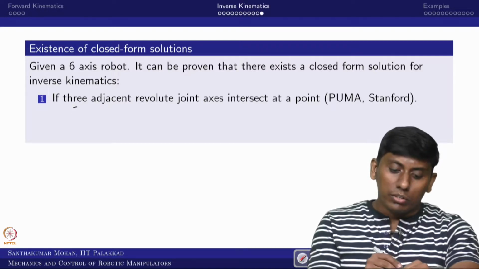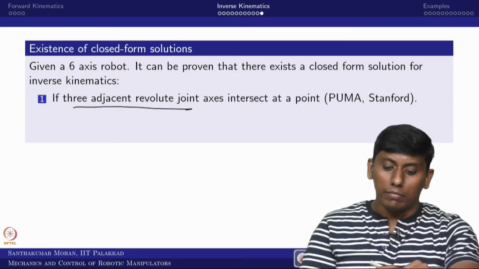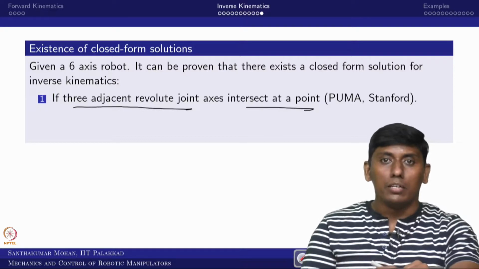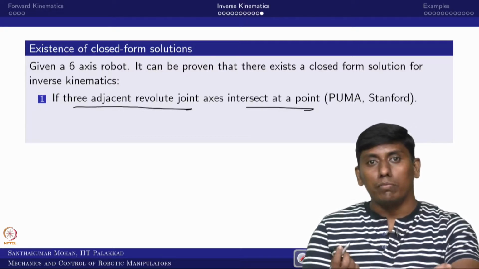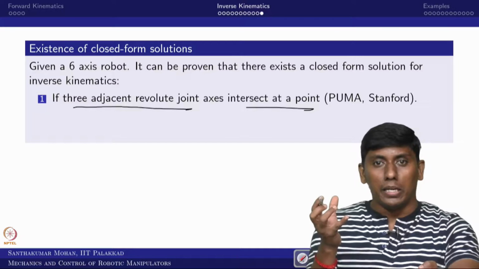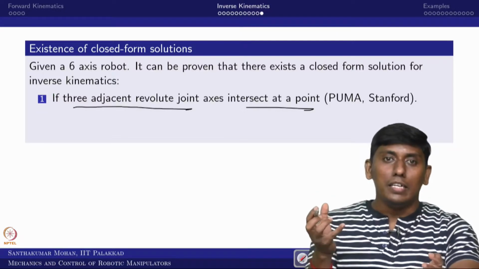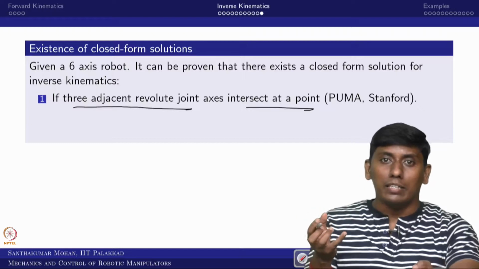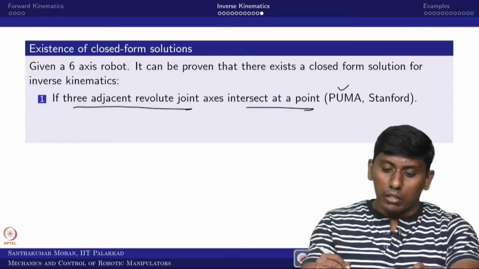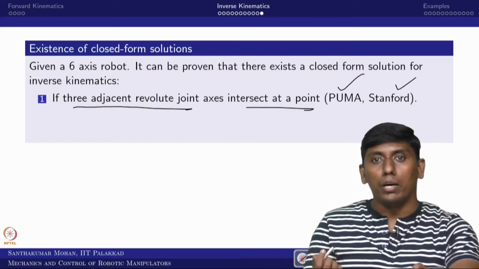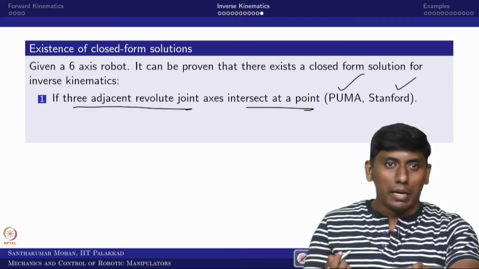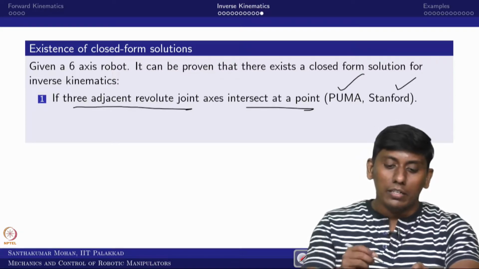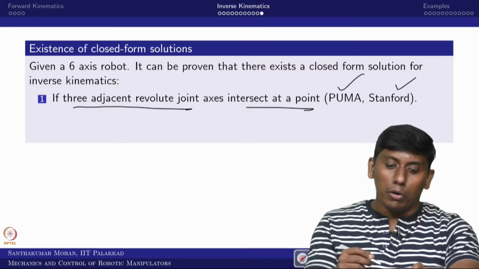What are they? Three adjacent revolute joint axes intersect at a point, which is very easy, because most industrial robots have a spherical wrist. In the sense, the 3 final orientational axes of the wrist intersect at a point. The common examples are the Stanford arm or the Puma arm.